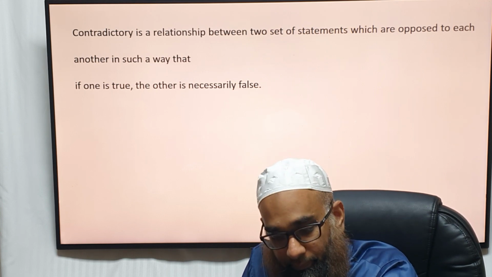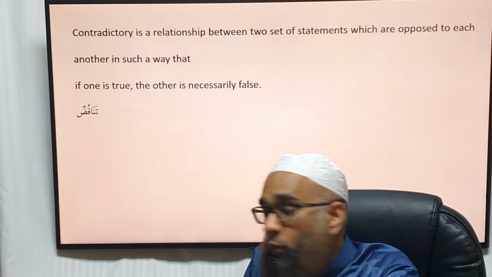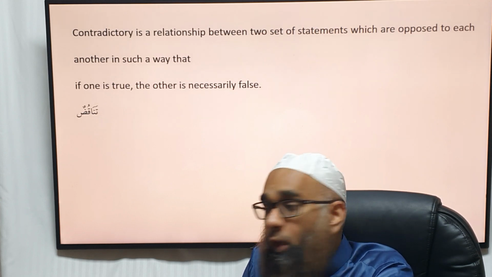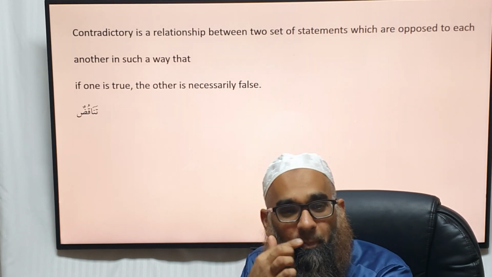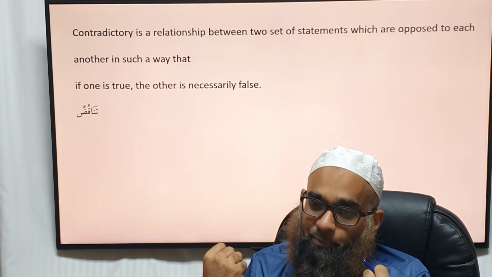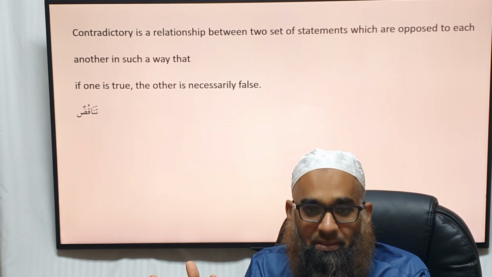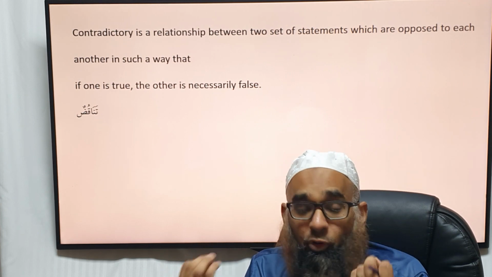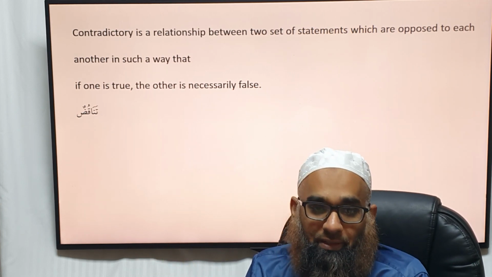Okay. Do you understand? This is called tanaqud, to be contradictory. In factual matters, A and B, you can't have contradiction. It is illogical.